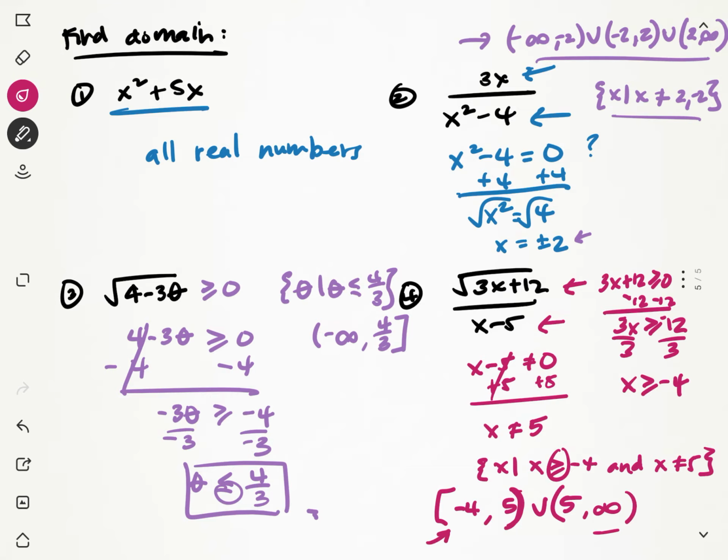Alright, so whichever way you want to do it, set notation is a little bit more intuitive, I think, because it explains pretty much exactly what you're saying. For this one, x such that x is greater than or equal to negative 4. That's exactly what we found here. There's no confusion between what we did mathematically and the notation. And also x is not equal to 5. That's exactly what we found here.